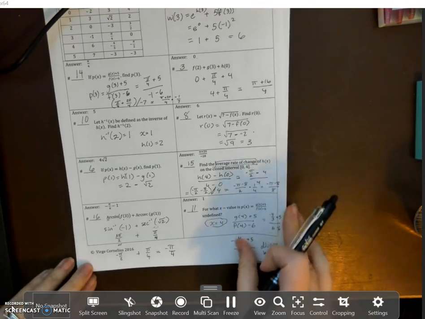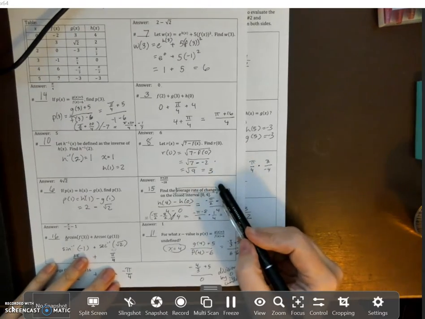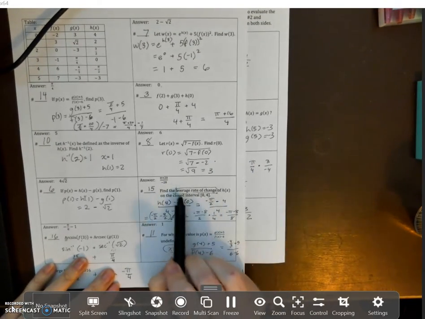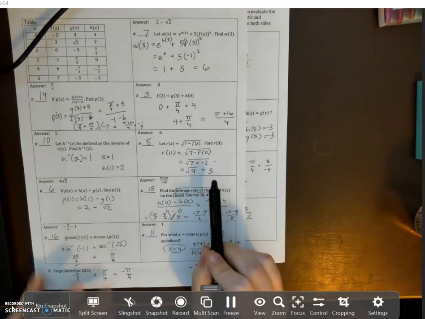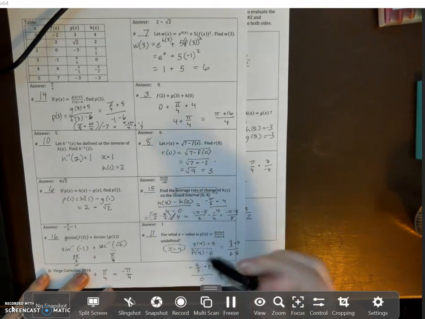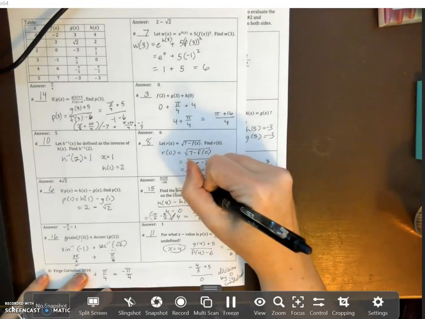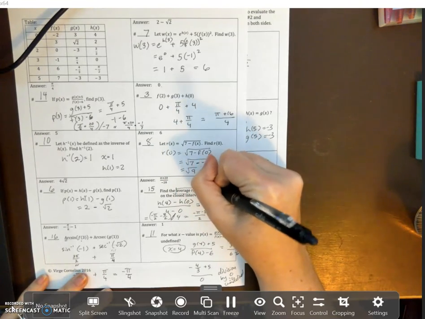Then the other one I wanted to talk about was this one with the words average rate of change, which again is a pre-calculus topic, meaning that you learned it before calculus, not in the course Pre-Calculus. It's called average rate of change, which is just slope.